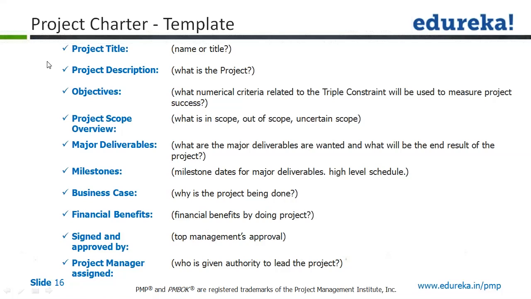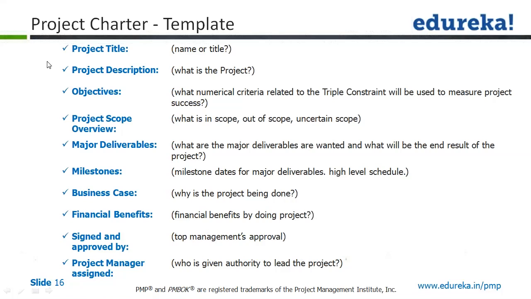So go through the charter contents once again. This is going to be an important area for you. And remember, if you look at the initiating process group, there are only two areas. One falls under project integration management, which is develop project charter.